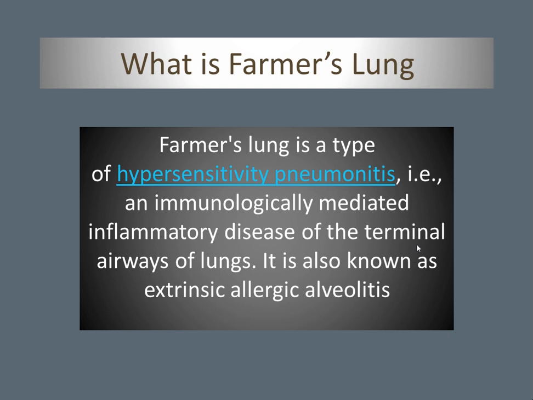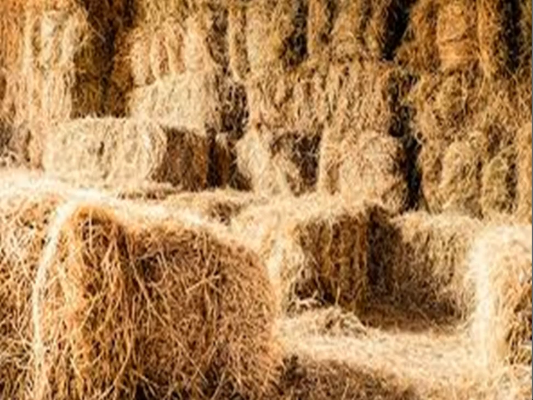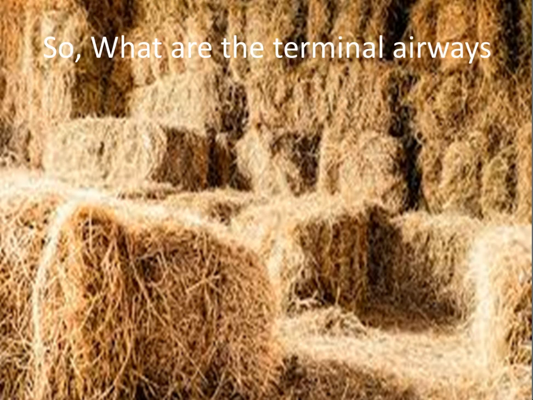Now, since this part of the body is where the farmer's lung affects, let us take a look at where this part is present inside our body. We'll be taking the help of this background, on which we'll be playing a short video to describe what those terminal airways are.